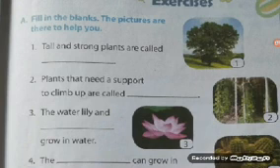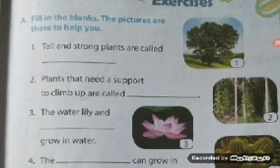Number 1. Tall and strong plants are called dash. Now here picture number 1 is given to help you. Number 2. Plants that need a support to climb up are called dash. Number 2 picture is there.